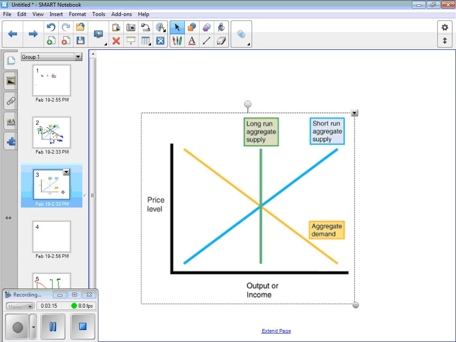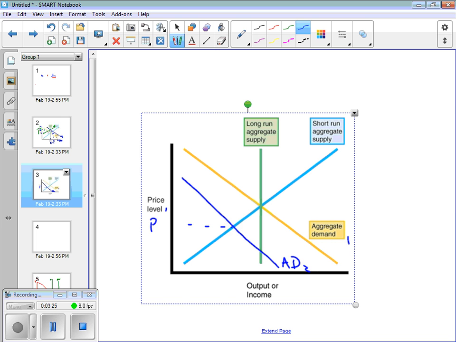This is also true if we have aggregate demand decreasing. Let's say some geopolitical event occurs causing aggregate demand to drop. We find ourselves in a recession. So our price level drops.